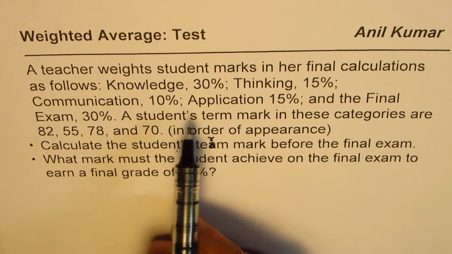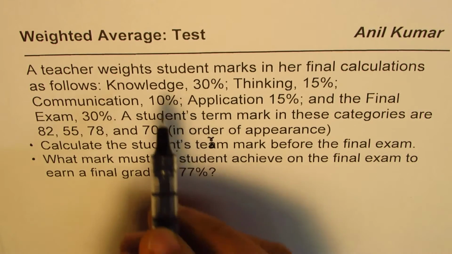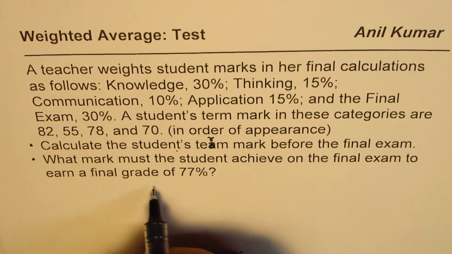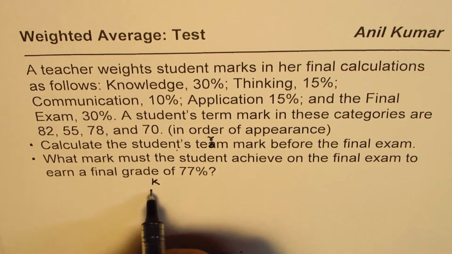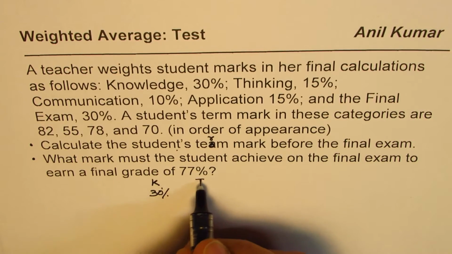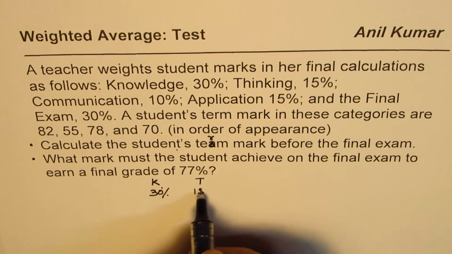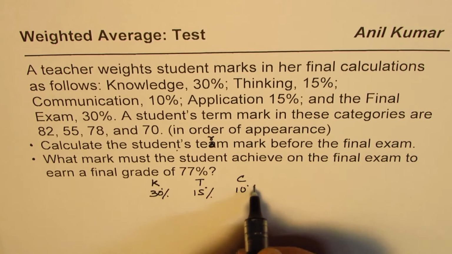Now what we are given here is that the weight of knowledge is 30%, correct? Weight of thinking is 15%. Weight of communication is 10%.